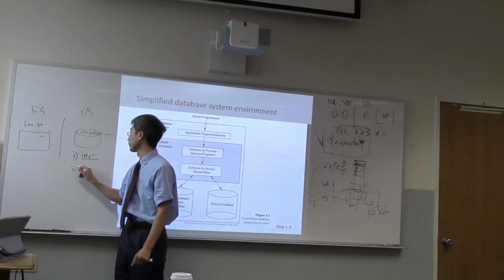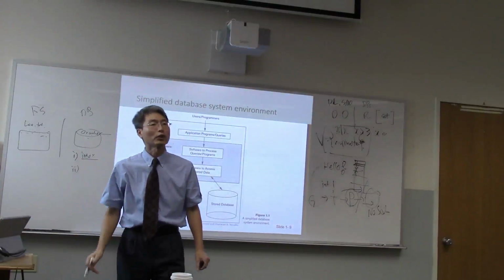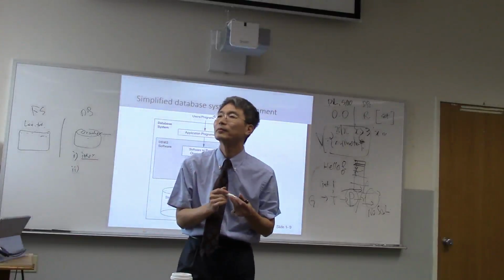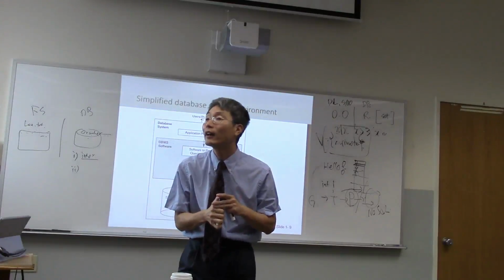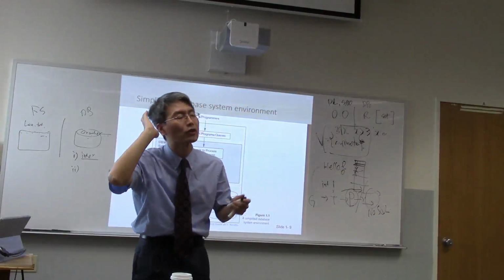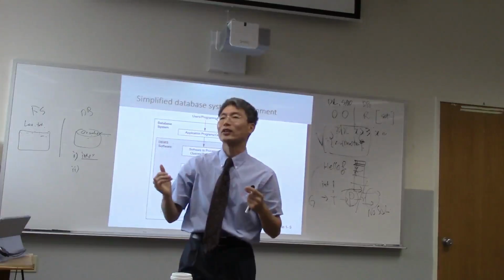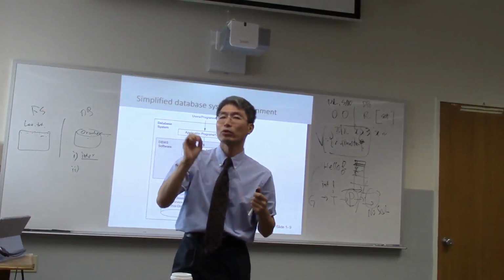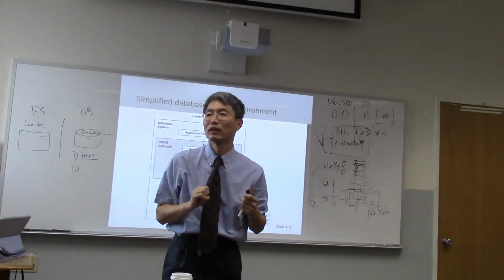Then second, another way to improve the performance of the database system is caching. Think about the general computing architecture. How can we speed up usually when you use data?